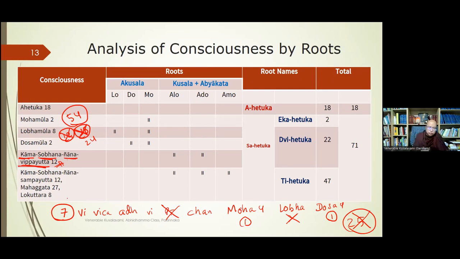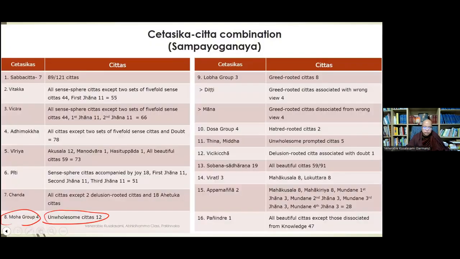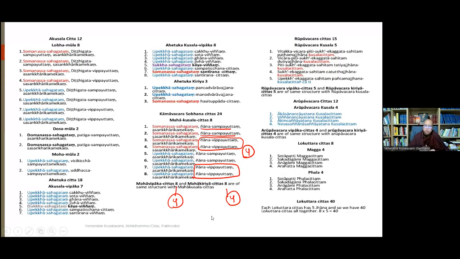It's clear: 7 universals, vitaka, vichara, adhimokha, and viriya as well. Piti, yes, but partially. This one also I want to show a little bit. These 2 are somanasa, but not because of these 2. These 2 are upekkha.